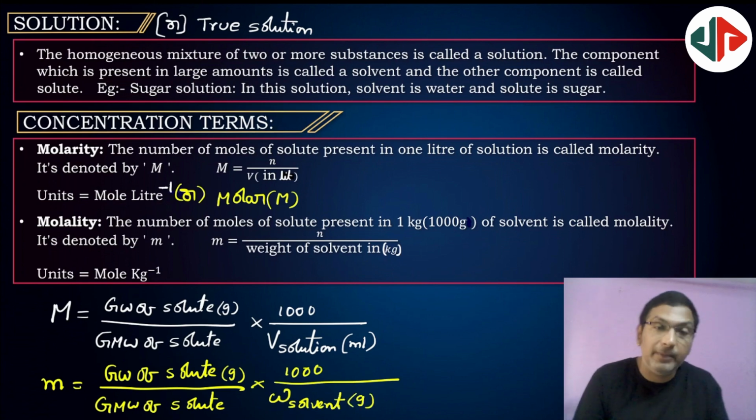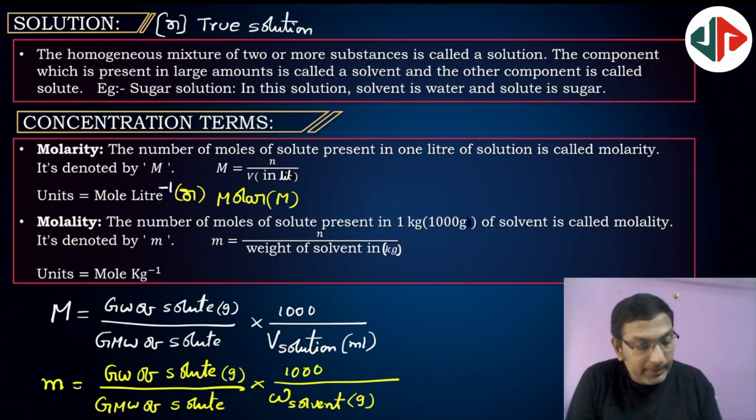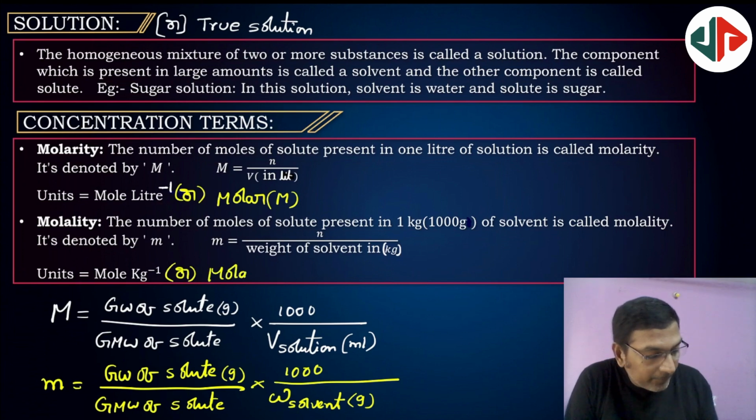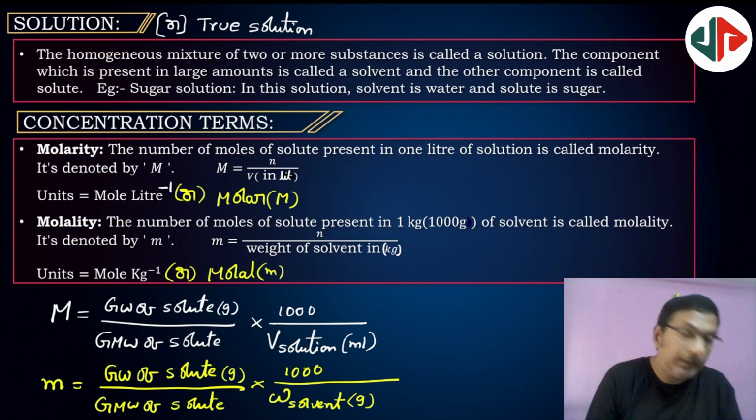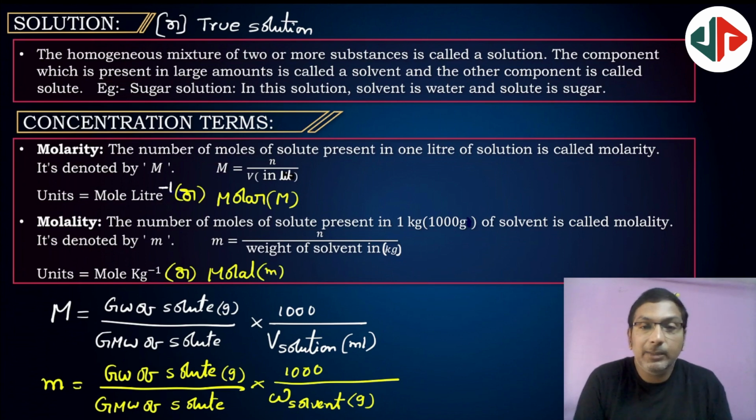This is final formula. Next, units, moles per kg, or we can say molal, which is small m. So molarity and molality both are important.